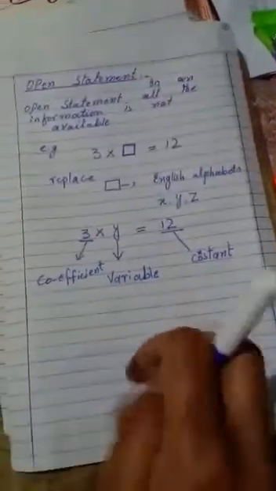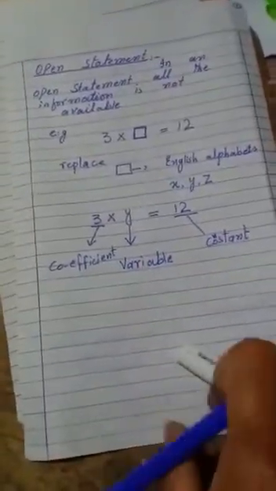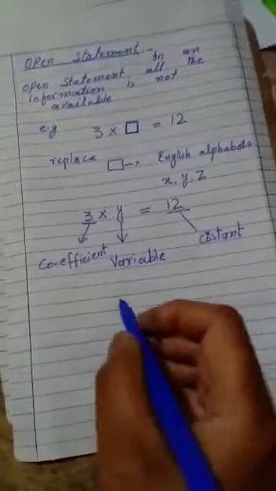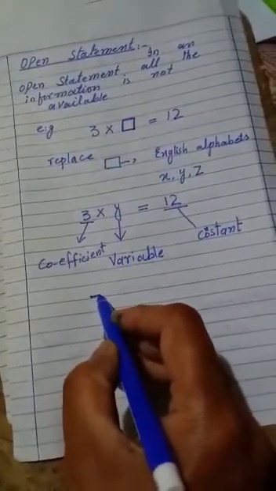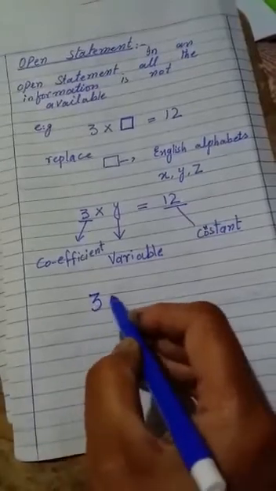Next one, when we combine, this 3y is called one term here.